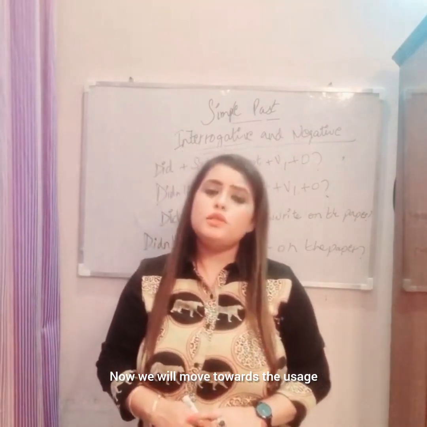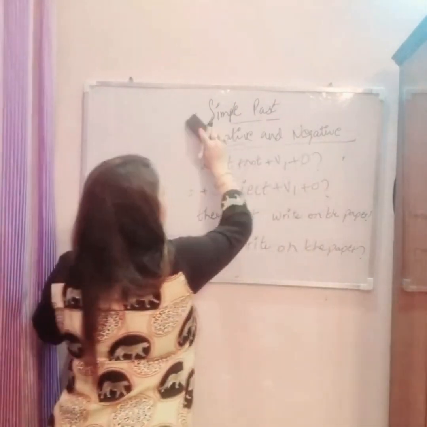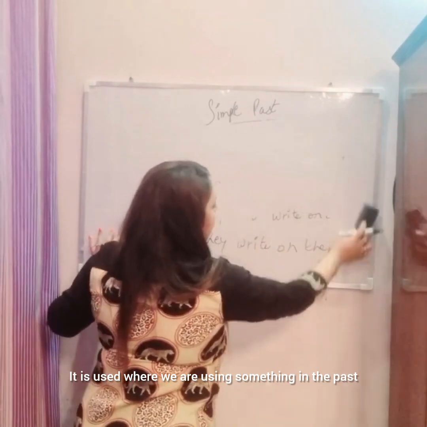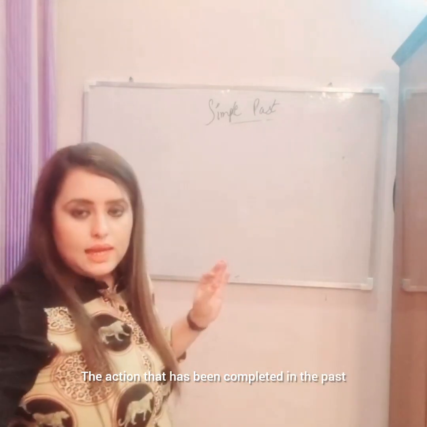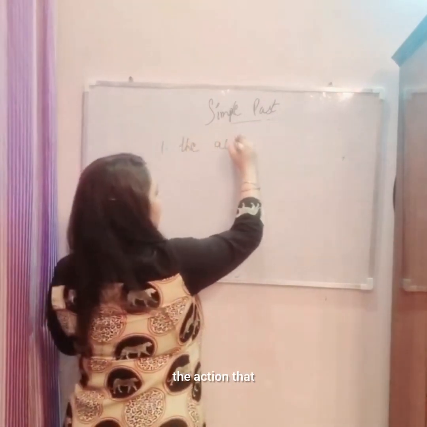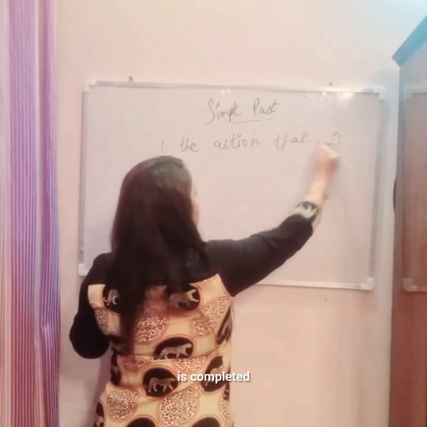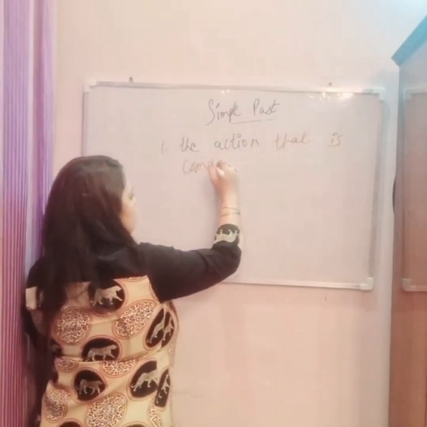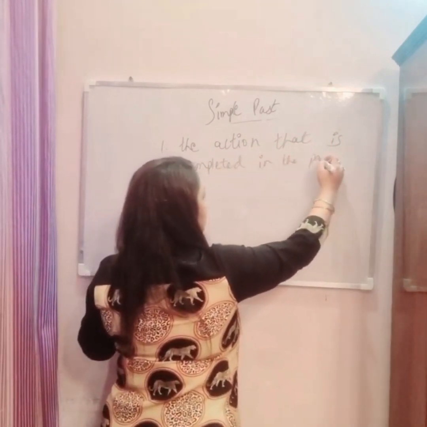Now we will move towards the usage. Now what is the usage of this tense? It is used where we are talking about something in the past, the action that has been completed in the past. You can write it down, the action that is completed in the past.